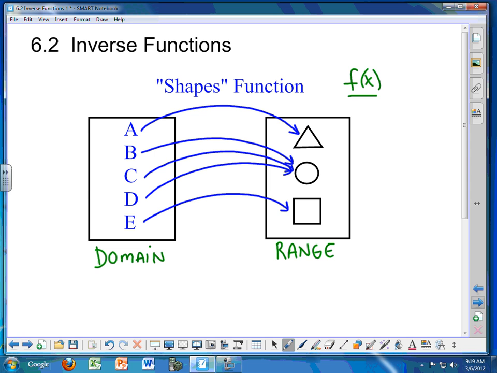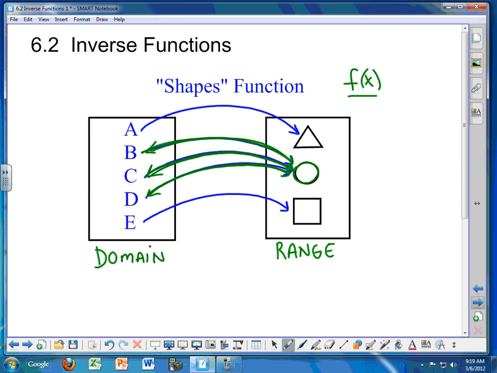Now try to imagine for a moment that this was the microwaver and unmicrowaver. If I have a value like B that turns into a circle, and a C that turns into a circle, and a D that turns into a circle, when I try to undo this, it's going to be very difficult to determine which of the three values the circle should turn into.